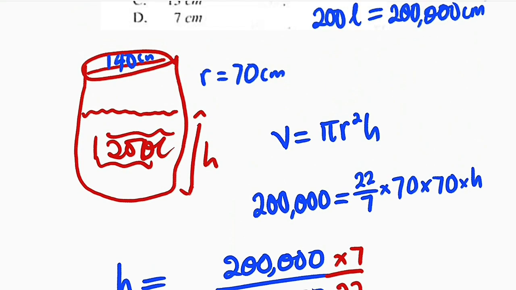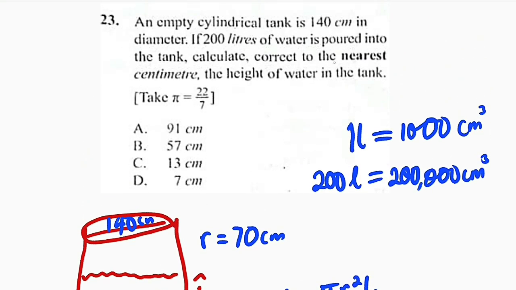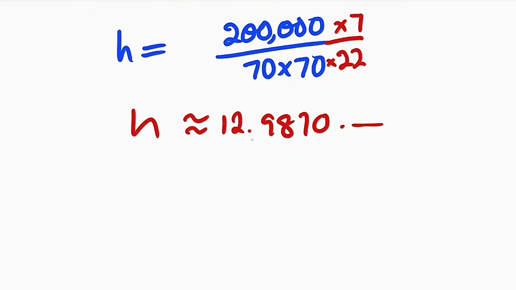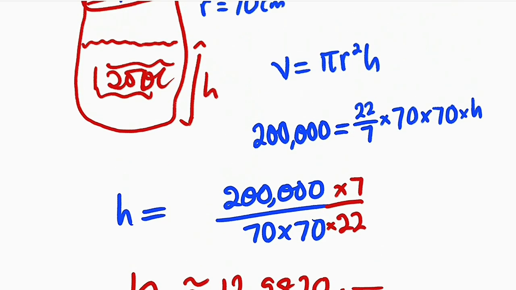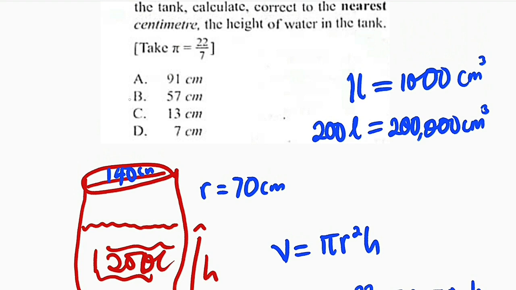This is h. But they said we should write it to the nearest centimeter. So if you round this up, you're going to have h equal to 13 cm. And let us find it here. We have it as option C.